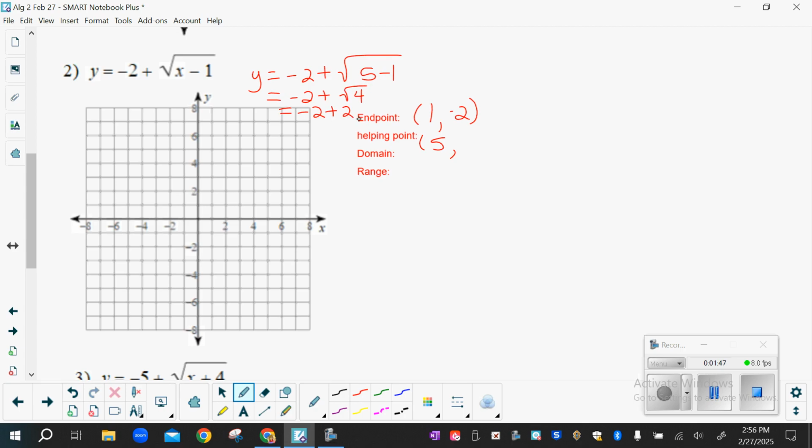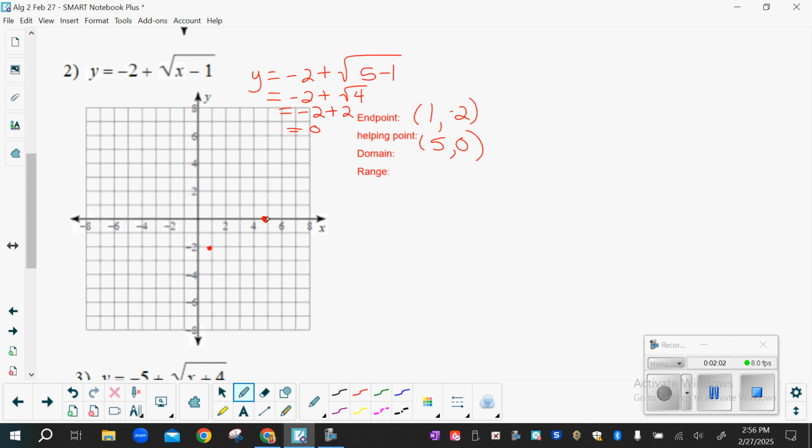So what do you get? 0. So 5, 0. So 1, -2, and 5, 0. So if you go to make your graph and it's not making the same shape, you've made a mistake somewhere.